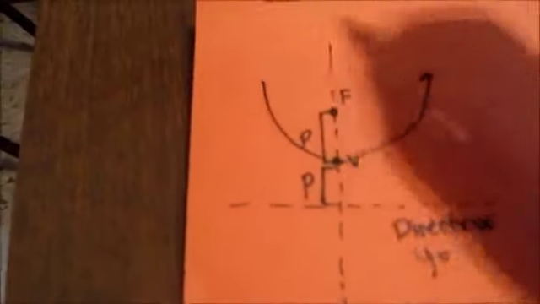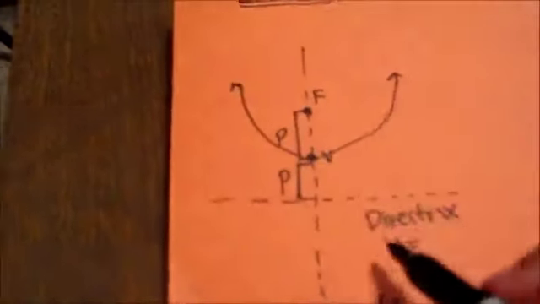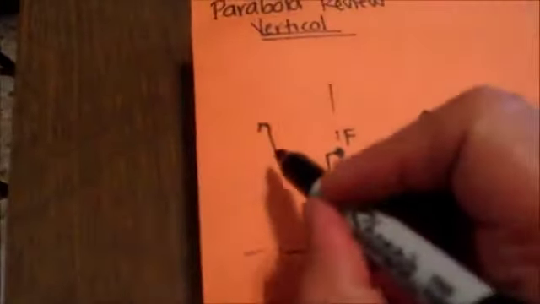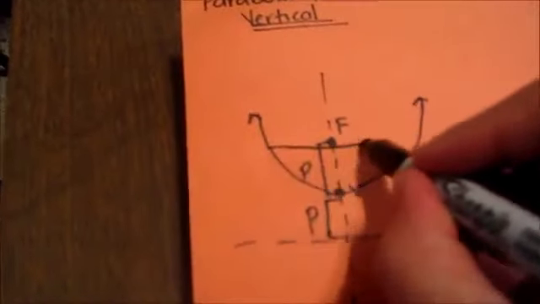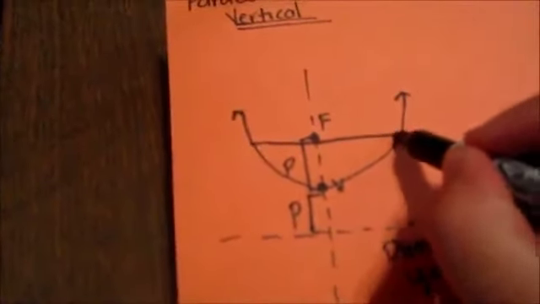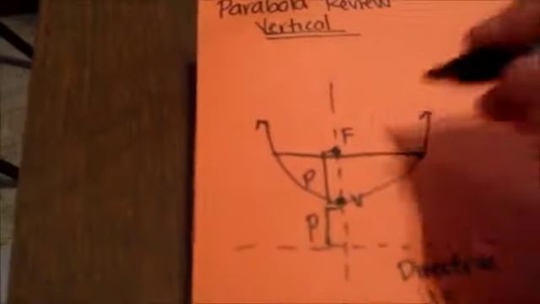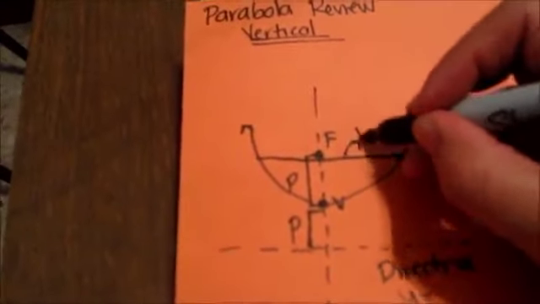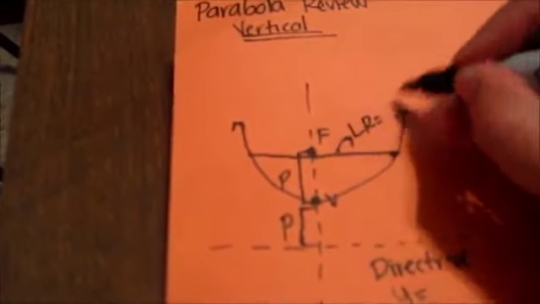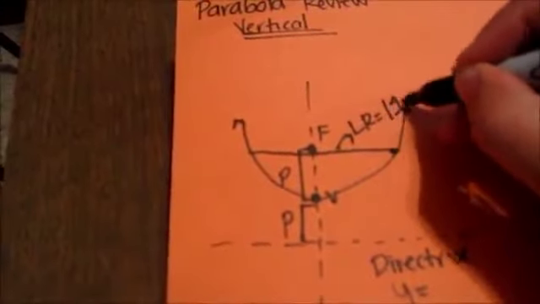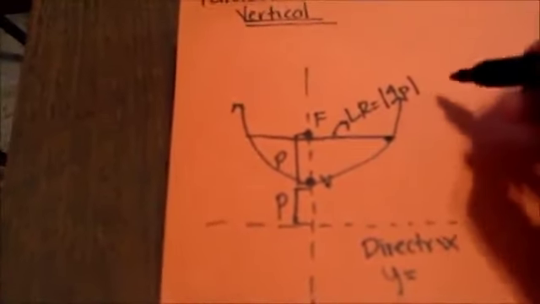After that, you will find that your parabola opens upwards because your directrix is at the bottom, and you need to have a line that passes through the focus, and this will be the latus rectum. Latus rectum equals the absolute value of 4p, or 4 parameters.